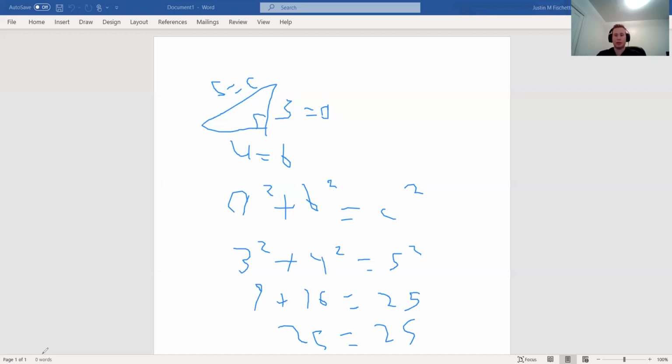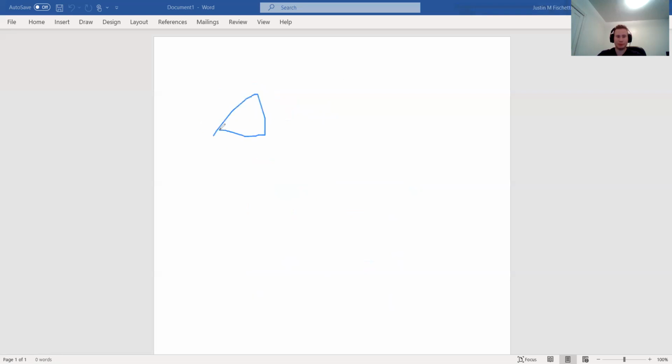Now, often you'll have problems where one of the sides is missing, either the hypotenuse, or one of the legs, either A or B. Say we have that 3, 4, 5 triangle again, but we don't know what the hypotenuse length is.